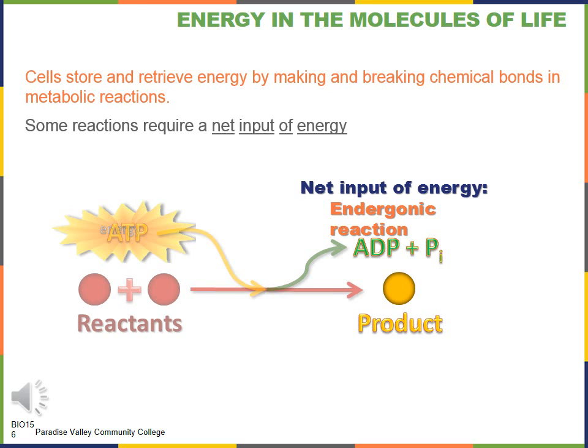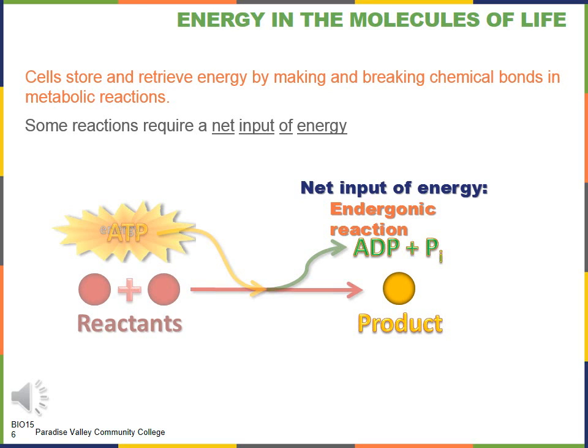Okay, so this says cells store and retrieve energy by making and breaking those chemical bonds in metabolic reactions. Some reactions require a net input of energy, which is sort of what we were talking about before. This is a better illustration of that. We have our reactants being added together, and then we're taking in energy in the form of ATP, and we're creating this product of ADP and the Pi.